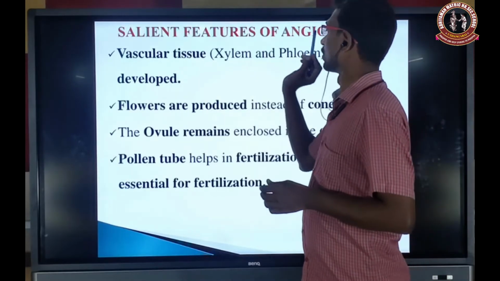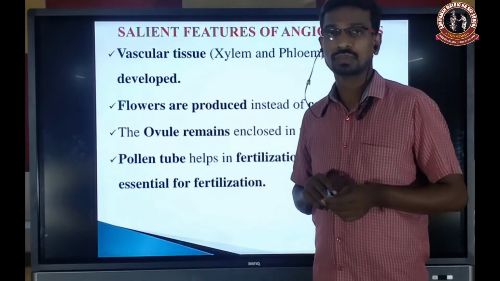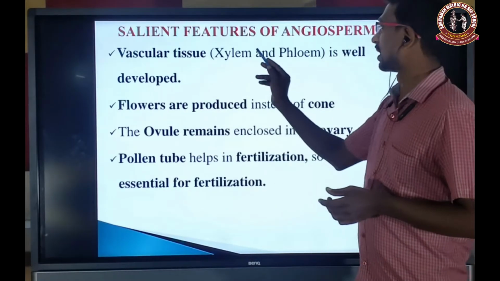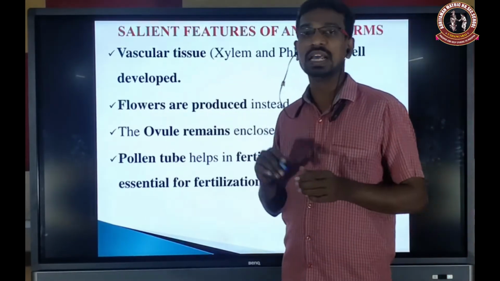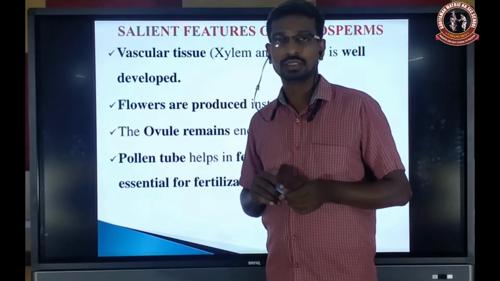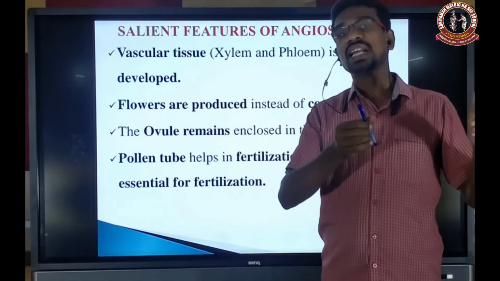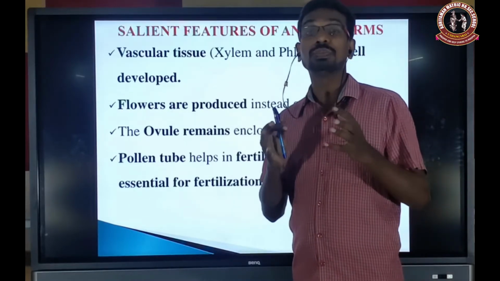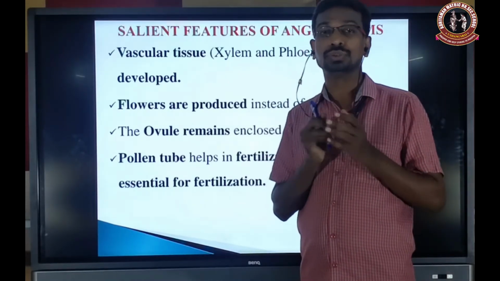Next, salient features of angiosperm. The vascular tissues, that is xylem and phloem, are well developed. That's why angiosperm is classified under Tracheophyta. Tracheophyta means those plant groups have conductive tissues.